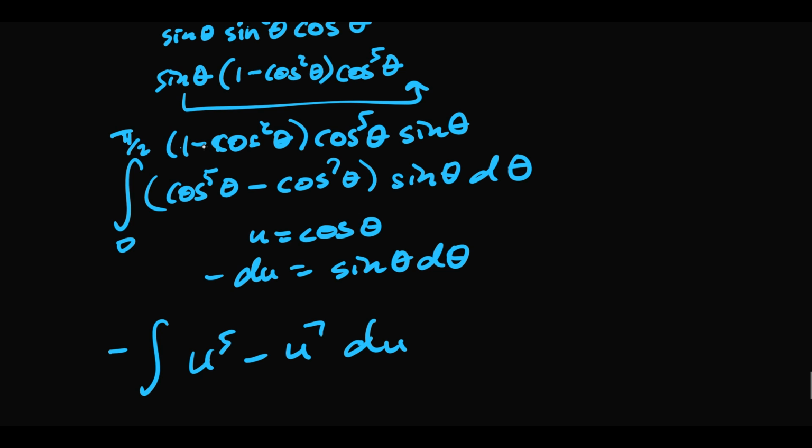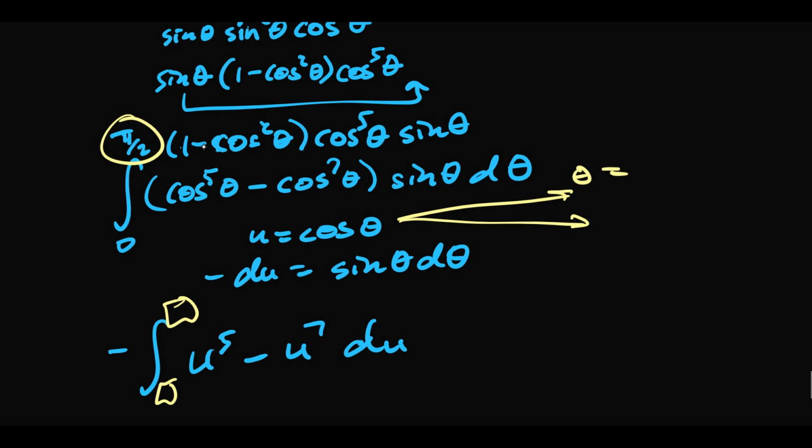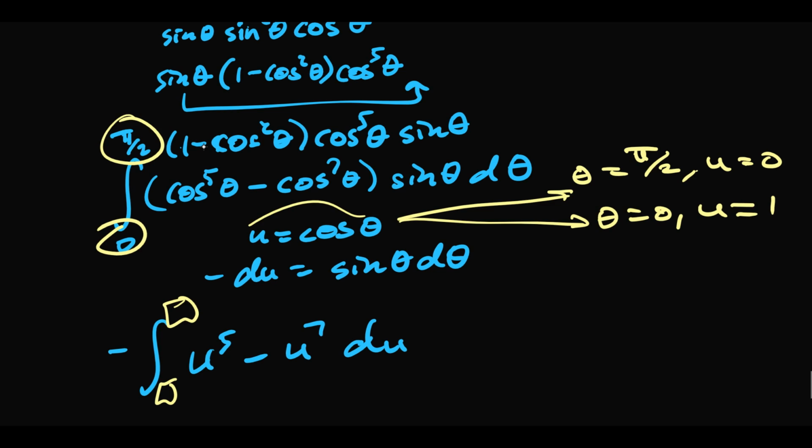Now I'm going to convert my theta values to u values so that I can put in my limits of integration in terms of u. So when theta is pi over 2, cosine of pi over 2 is 0, so u becomes 0. And now when theta is 0, cosine of 0 is 1, so u becomes 1.